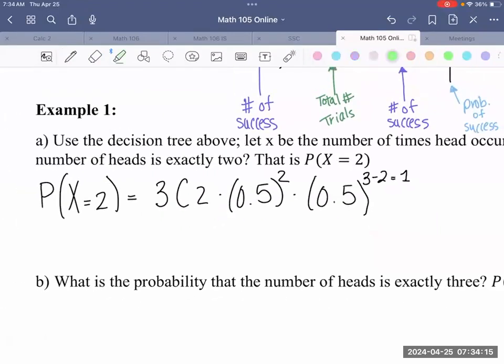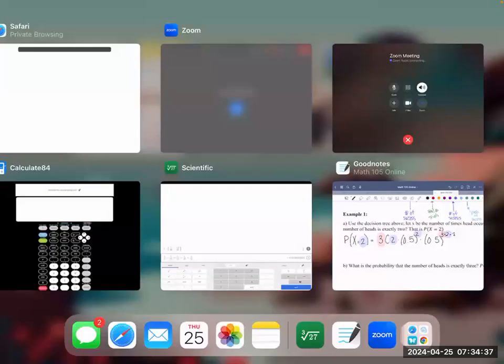So again, I'm just going to define where things came from. We have 2, 2, 2, and 2 here. We have 3 here, 3 here, and then your 50-50. So let's put that into your calculator. I'll do Desmos first.